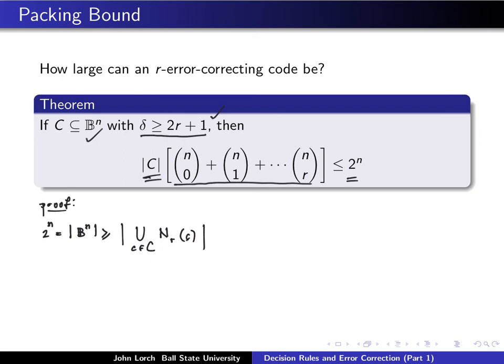Now if we go back and remember the lemma, the lemma said that all of these neighborhoods are disjoint. And so if I want to count up the size of this union, because the neighborhoods are disjoint, it is equivalent to simply adding the size of each individual neighborhood.